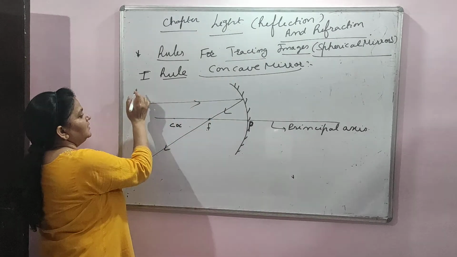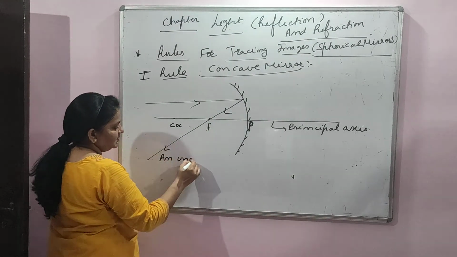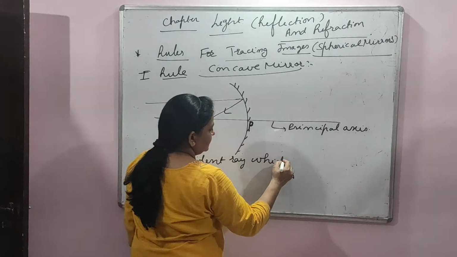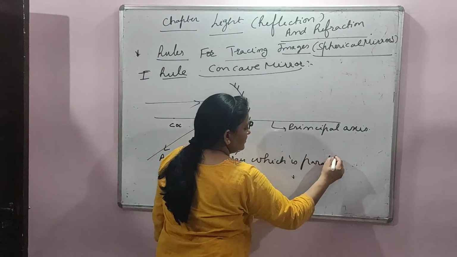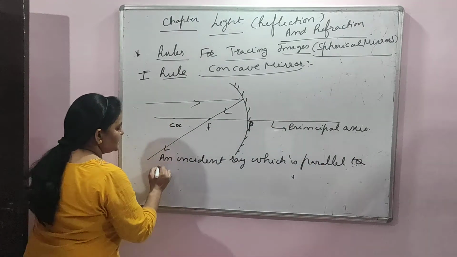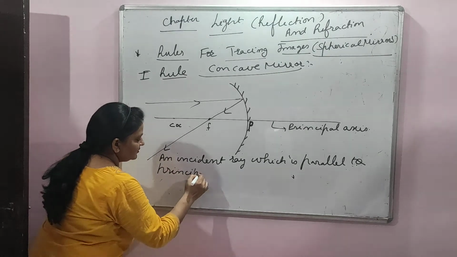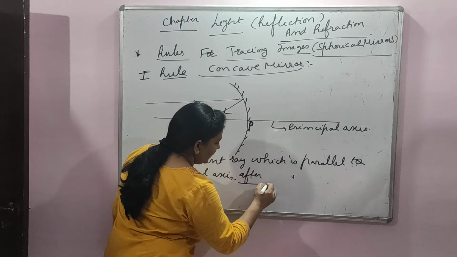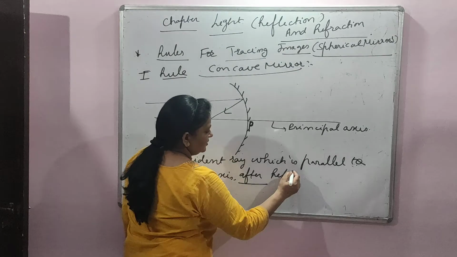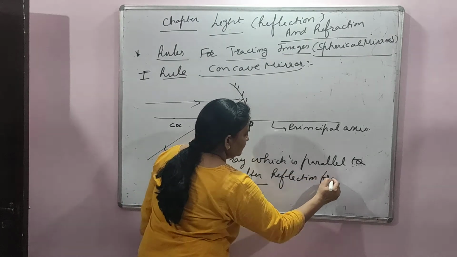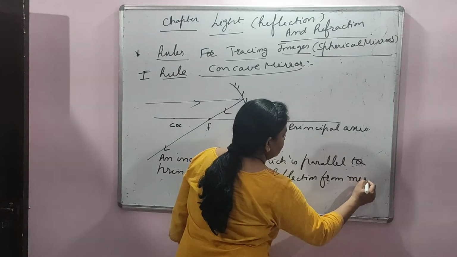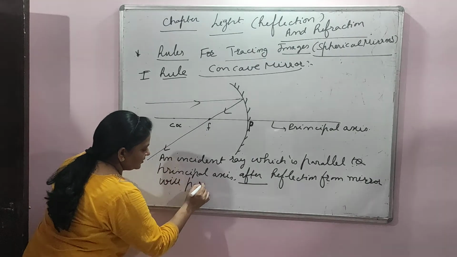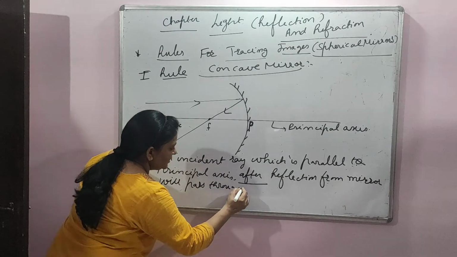The first rule is: an incident ray which is parallel to the principal axis, after reflection, please note down, after reflection from the mirror will pass through the principal focus.